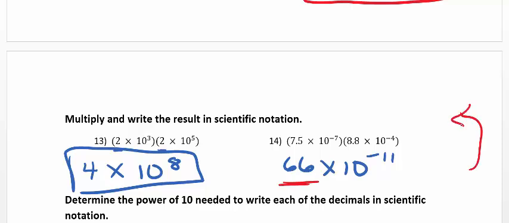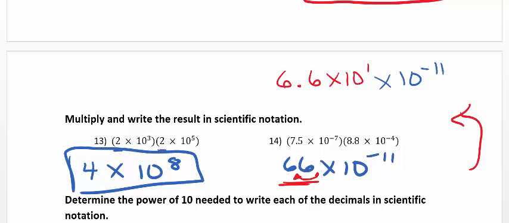So looking up here, we're going to take the 66, there's a decimal at the end, and we're going to move it 1 place to the left, and that 66 becomes 6.6 times 10 to the 1st power. And then we're going to have the rest of this times 10 to the negative 11th power.